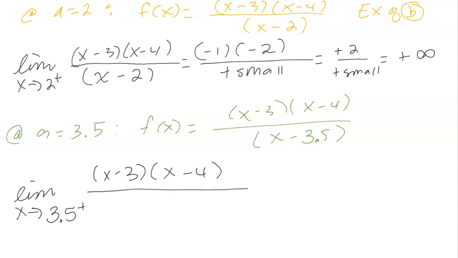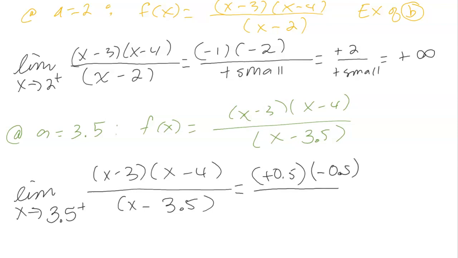The numerator is going to be positive 0.5 times the second factor, negative 0.5, divided by, since x is approaching 3.5 from the right, a positive small number. So on the numerator I have negative 0.25 divided by a tiny positive number, and I will have negative infinity.